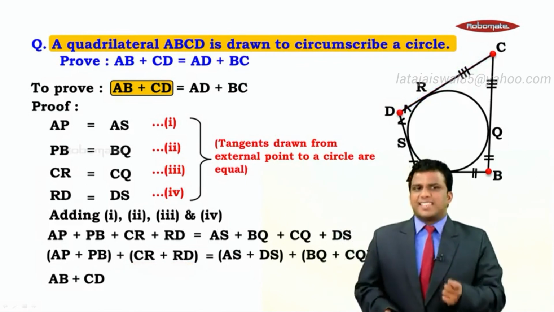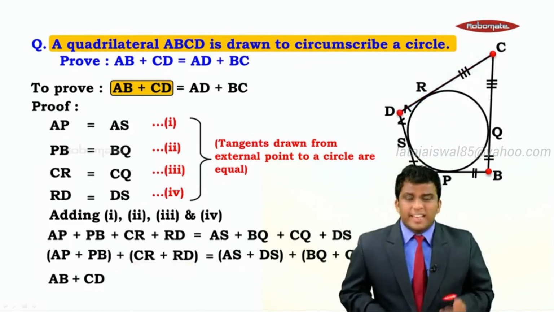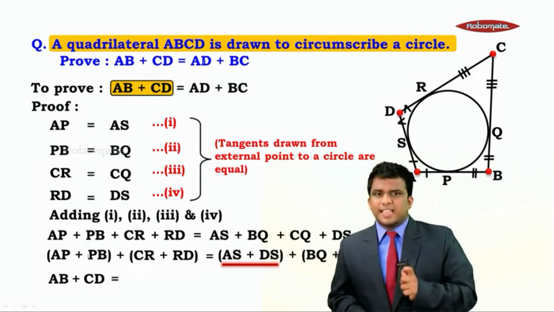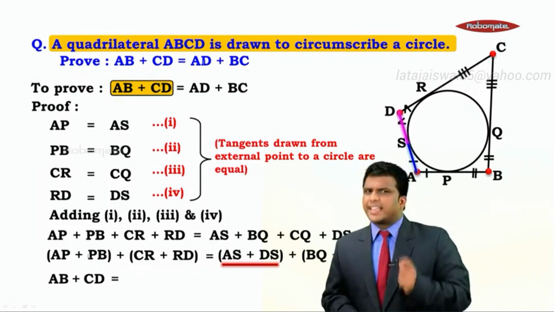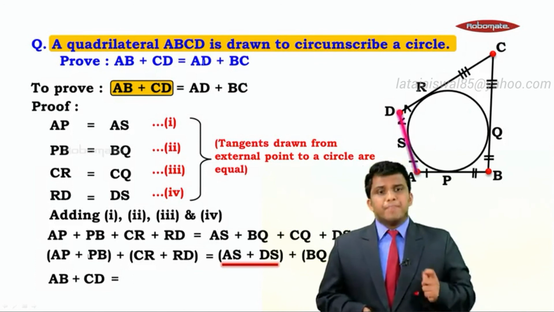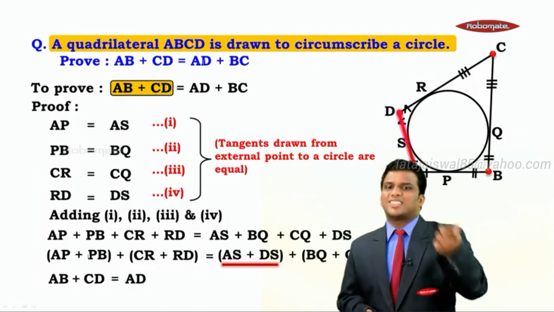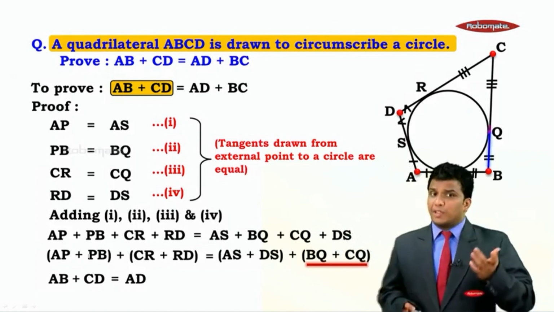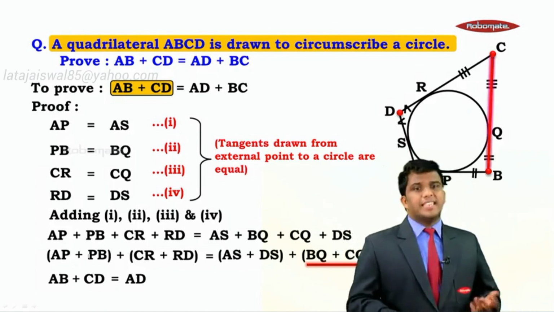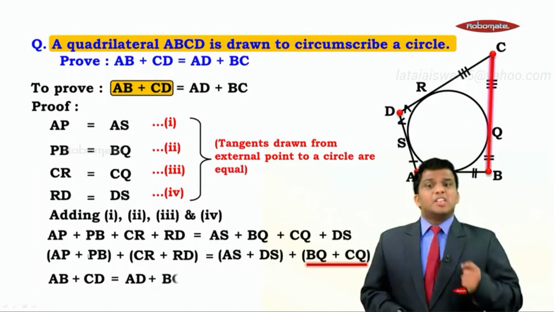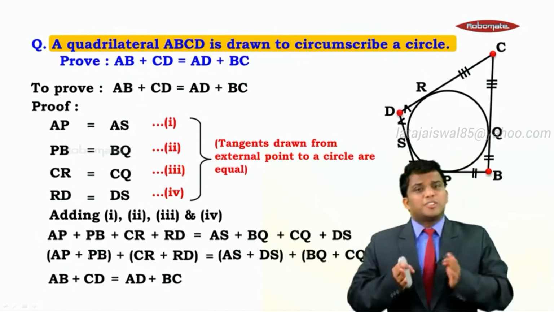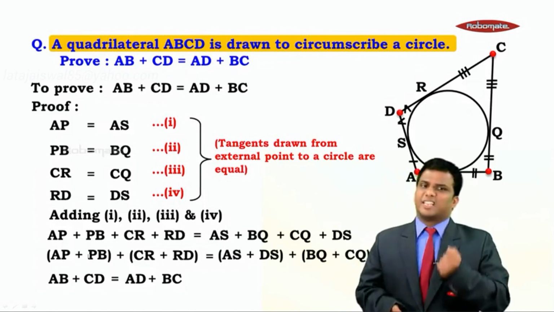So AB plus CD is what we wanted right from the beginning, and we have it, which is now equal to AS plus DS, which becomes AD, A-S-D, plus BQ plus CQ. If you look at the figure, it becomes BC, B-Q-C. So we now have, children, AB plus CD is equal to AD plus BC, and check. That's what we need in the sum.